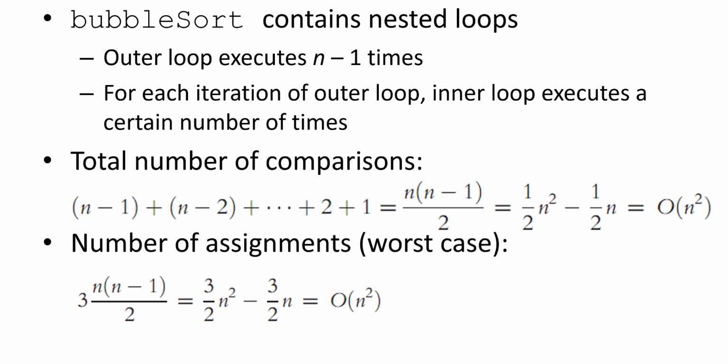It can be shown that on average, bubble sort makes n times n-1 divided by 4 item assignments. However, the number of comparisons for the bubble sort as given in this video is always n times n-1 divided by 2, which gives us the big O factor of n^2.